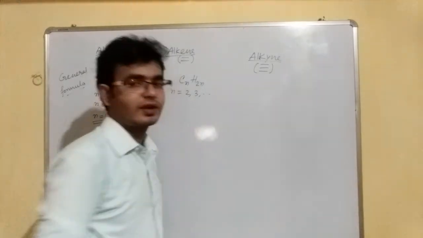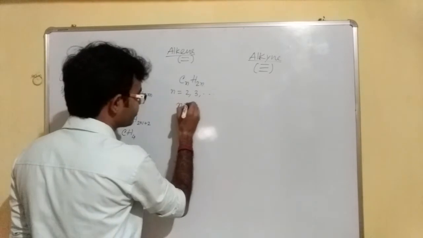Clear. तो n is equal to 2, n starts from 2.